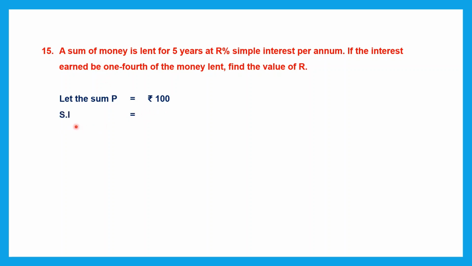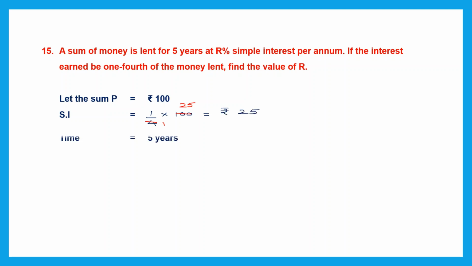And SI, that is simple interest, here they're saying is 1/4 of the money lent. So 1/4 of 100. Here let's cancel. 4 ones are 4. 4 into 25 is 100. So 1 into 25 is 25. So the simple interest we have found to be 25.